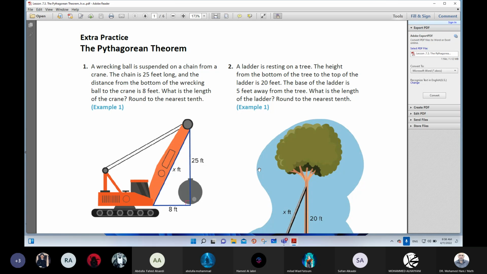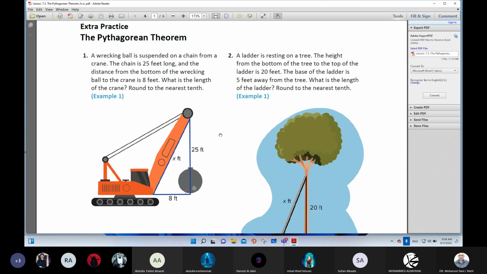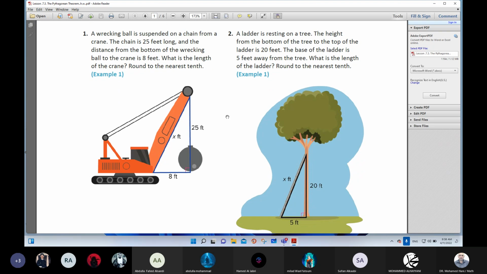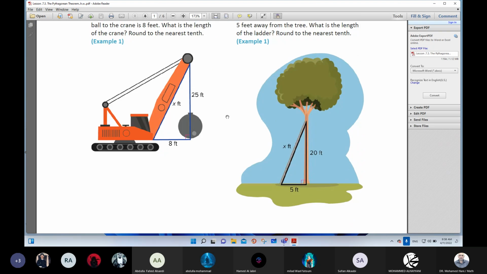Tomorrow we will solve it together, and I will send the answers to you. But today I want from all of you to solve it by yourselves and send me your homework in the Teams.